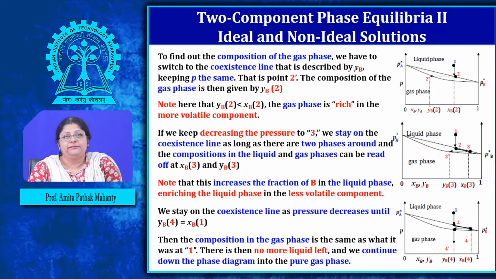Why? B is less volatile than A. That is what I have taken initially. So if it is less volatile, then what will happen? That will enrich the liquid phase more than the vapor phase.